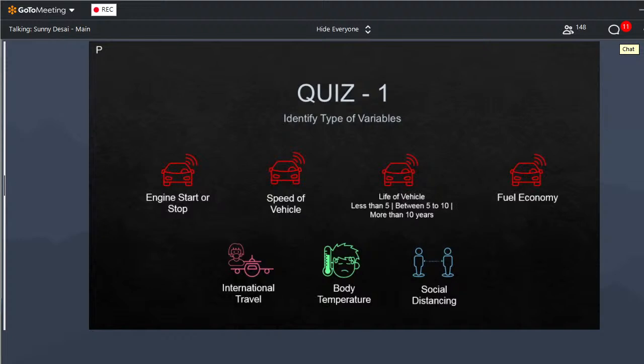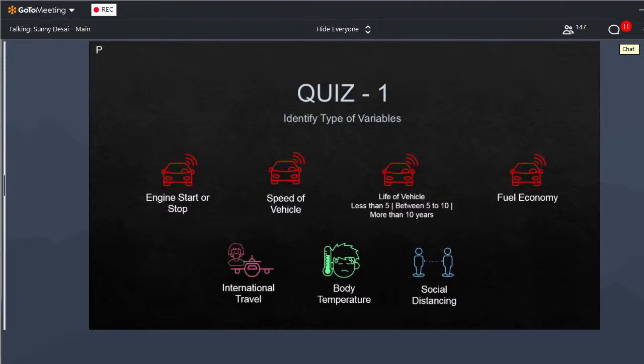All these have natural order, and that's why we call an ordinal variable ordinal, and a nominal variable does not have any natural order. So I am repeating my point that life of vehicle could be less than 5 years, between 5 and 10, or greater than 10. It has a natural order, and that's why it is known as an ordinal variable. Very good to every one of you.